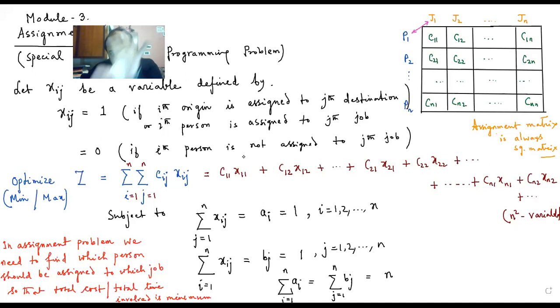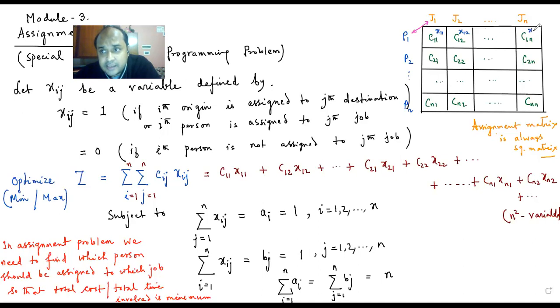Now, the problem is defined. In the solution, what do we want to look at? In this kind of thing, if C11 is the cost involved, then the corresponding decision variable for this particular cell would be X11, and for this cell the decision variable would be X12.